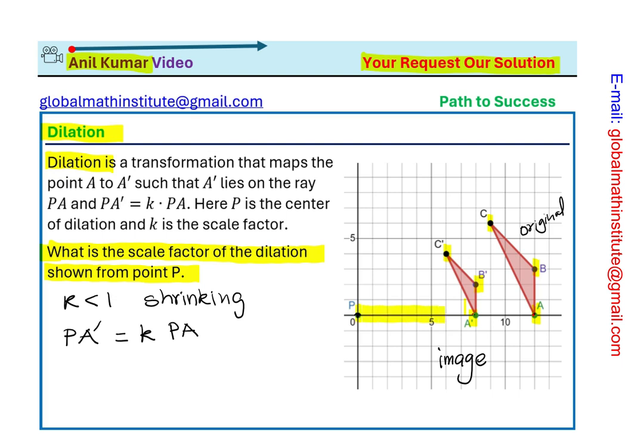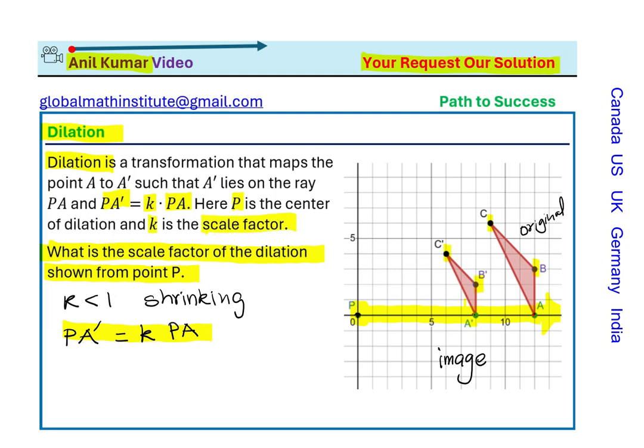From P, if we connect, both lie on the ray. Here, P is the center of dilation, and k is the scale factor.